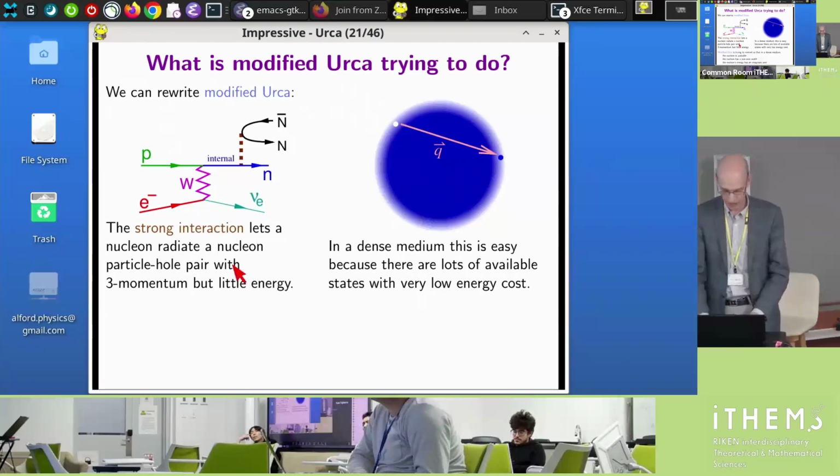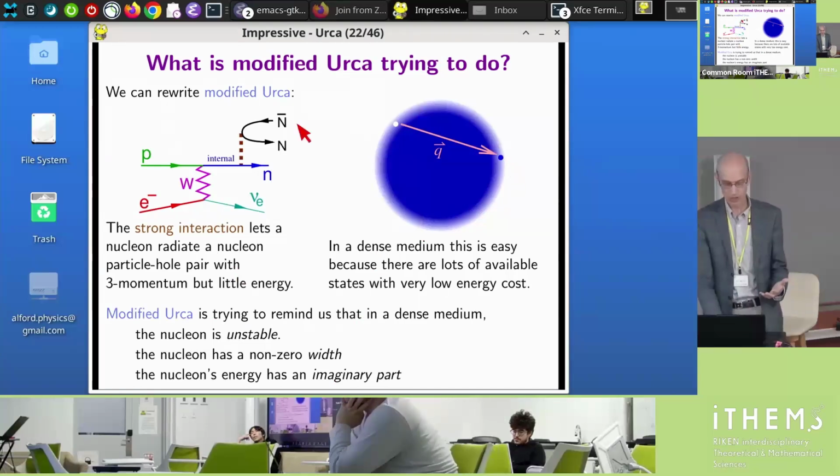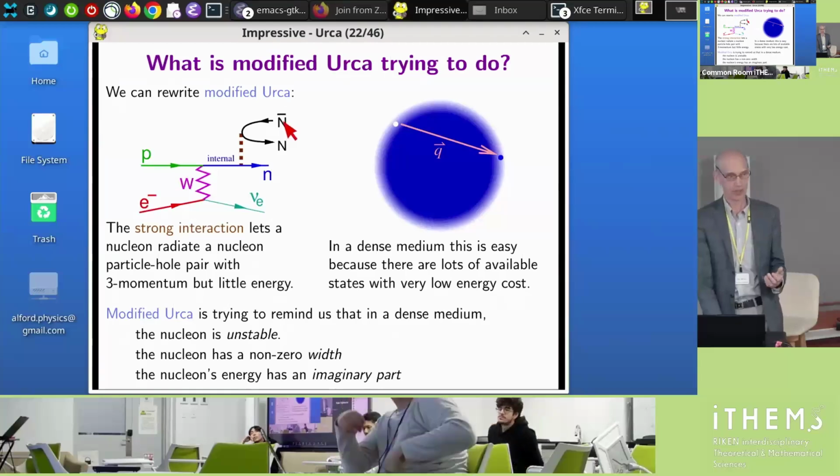Well, what that tells us is that when we're in a dense medium, where there's lots of states available at the Fermi surface where we can make particle-hole pairs, this nucleon is actually unstable, right? This is a decay, right? This nucleon here decayed into a nucleon plus a particle-hole pair. Okay, so that's a decay.